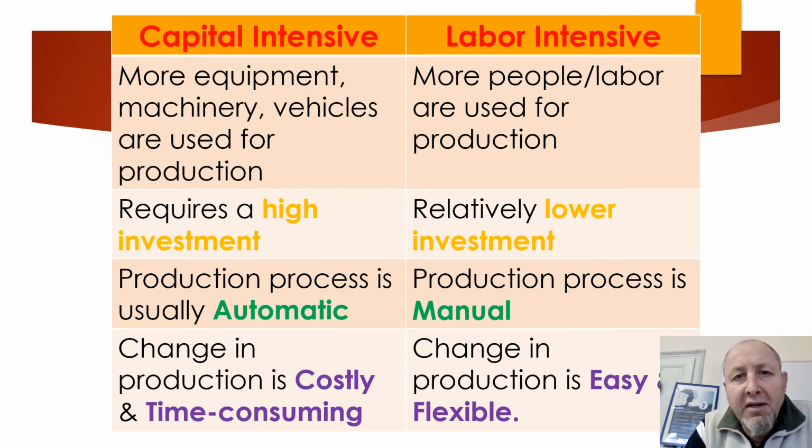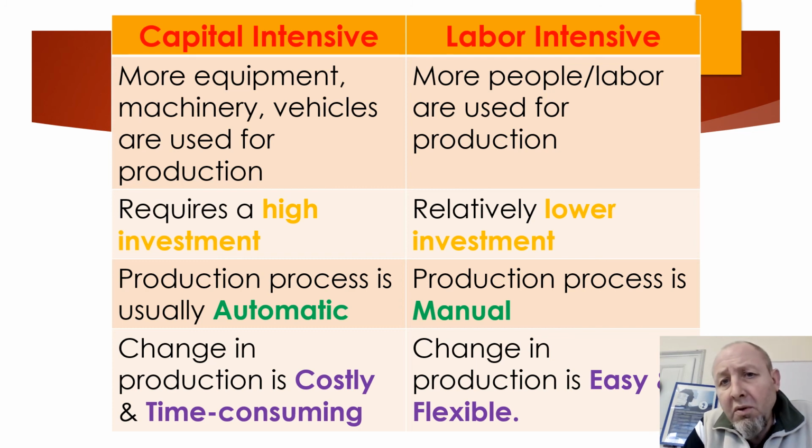Capital intensive versus labor intensive. Capital intensive means more equipment, more machinery, vehicles being used in production. It requires a high capital investment. The production process is usually or tends to be automatic, and change in production is costly and time consuming.